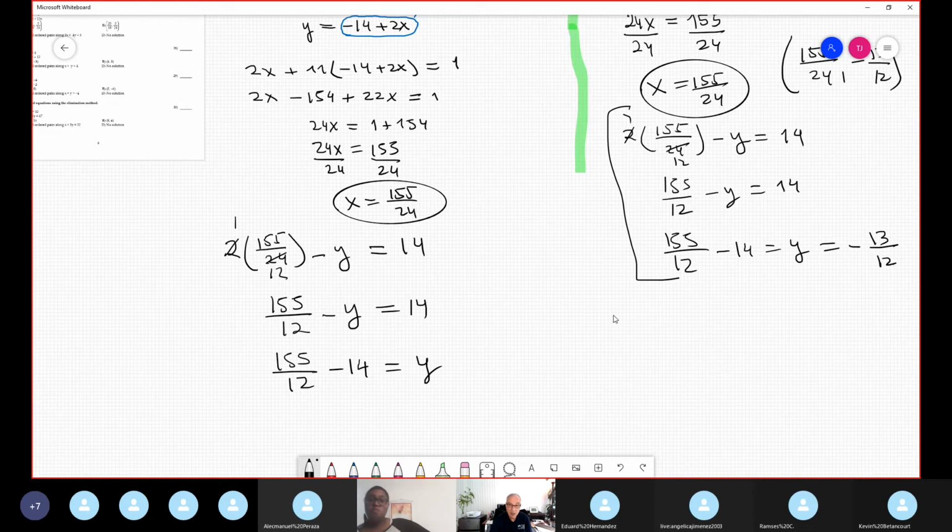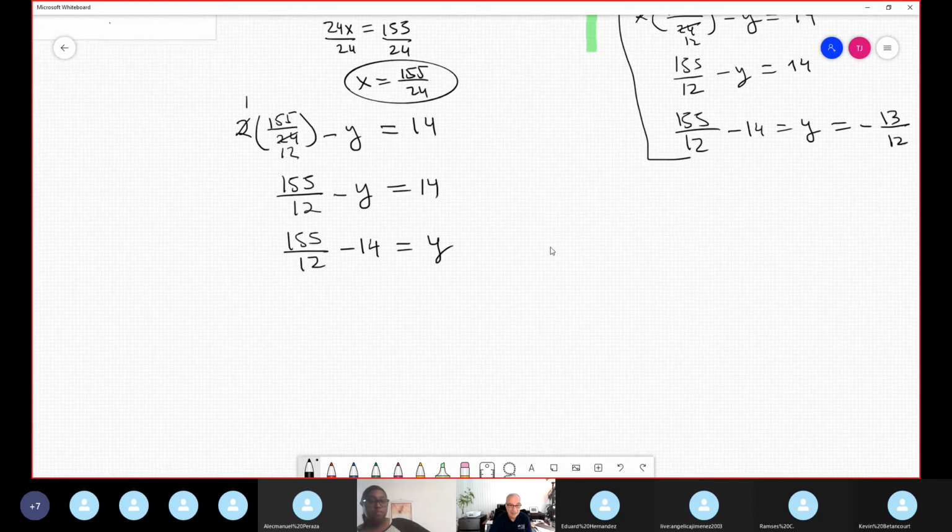Okay, now we combine like terms. So we condense this fraction. The least common denominator is obvious, 12. 12 divided by 12 is 1 times 155. Minus, and now I assume that 14 is a whole number and the denominator is 1. So it's 12 divided by 1 is 12 times 14.